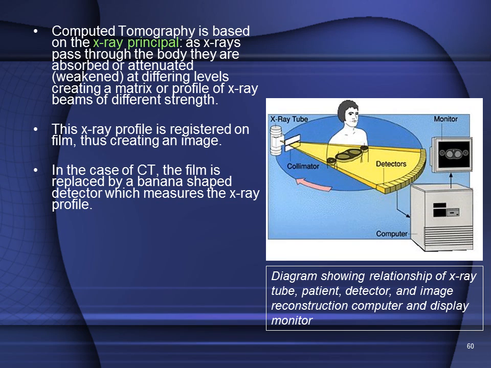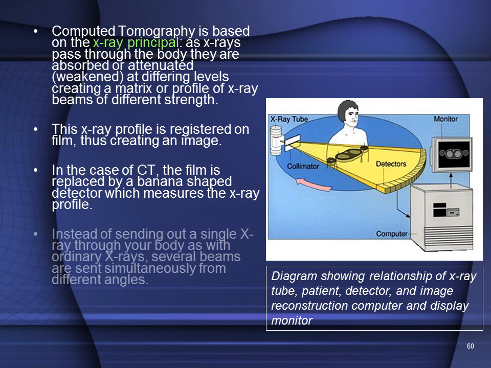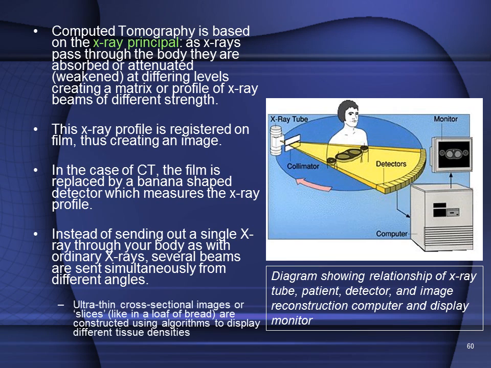The detectors and the emitter rotate around the patient, that is in supine position within the CT tube. Thus, several beams of X-rays are sent through the patient simultaneously at different angles, creating ultra-thin cross-sectional images with very high detail.